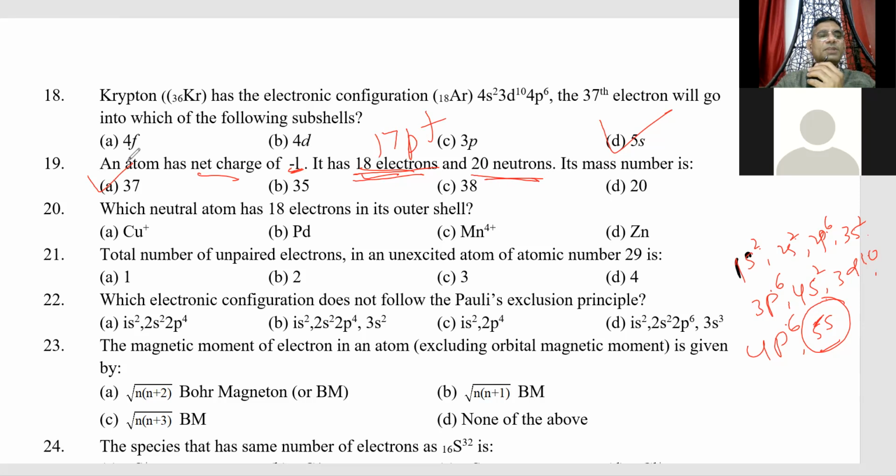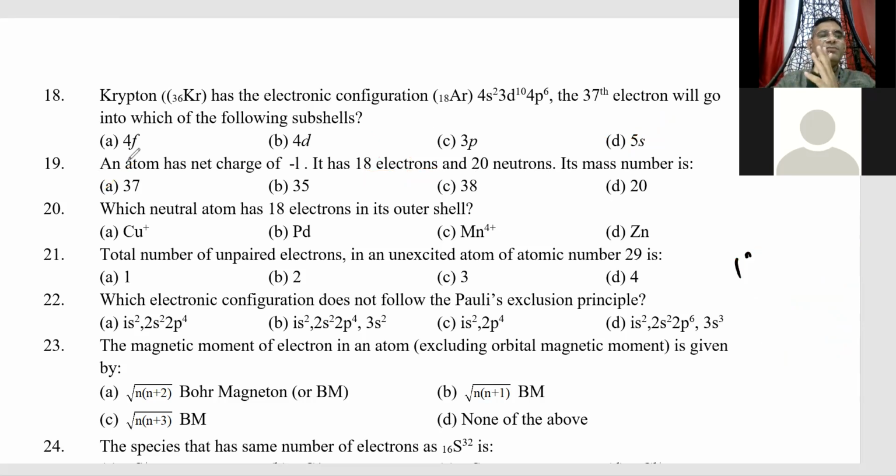Now see question number 20. Which neutral atom has 18 electrons in its outer shell?